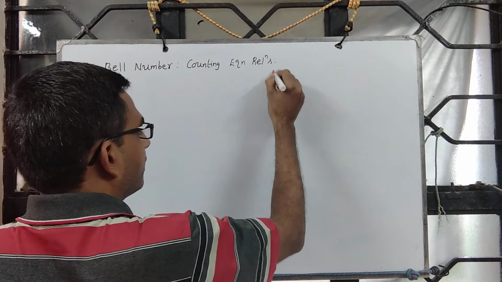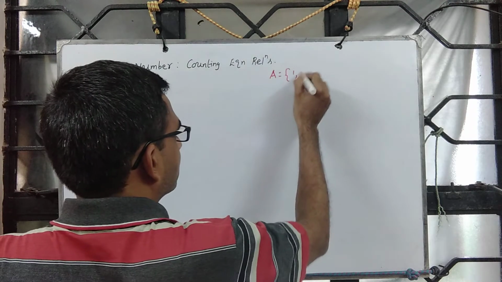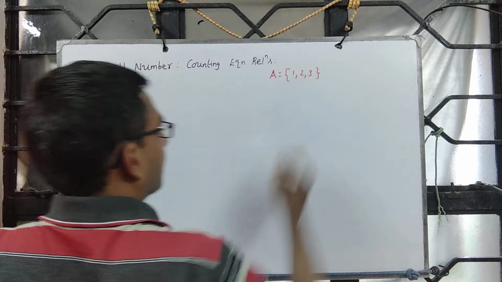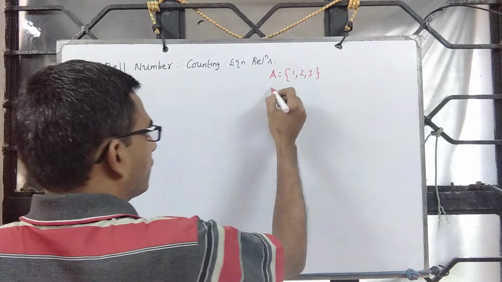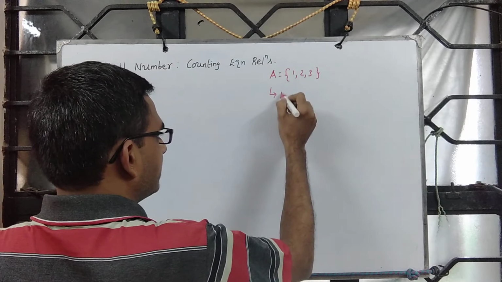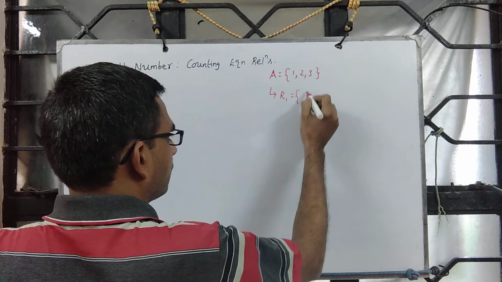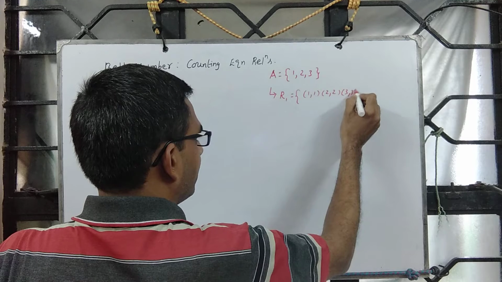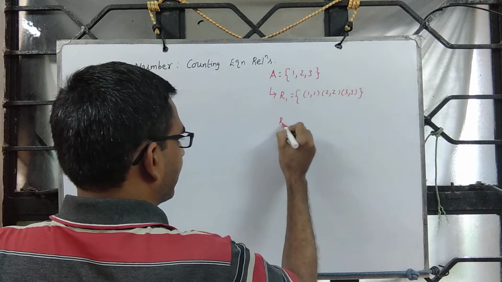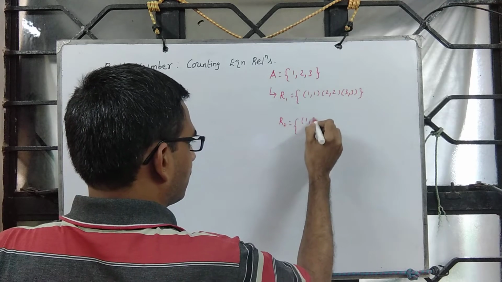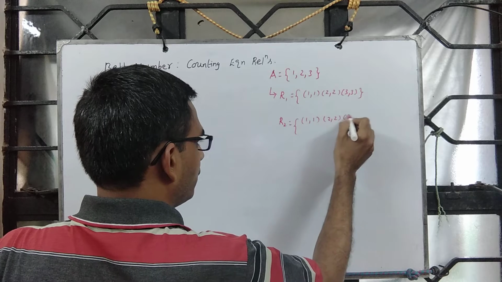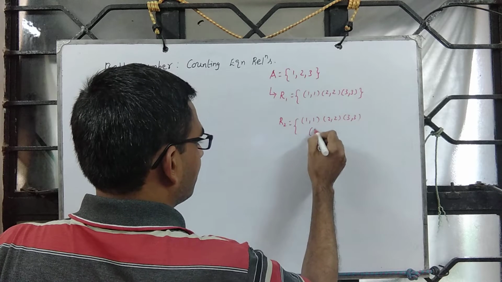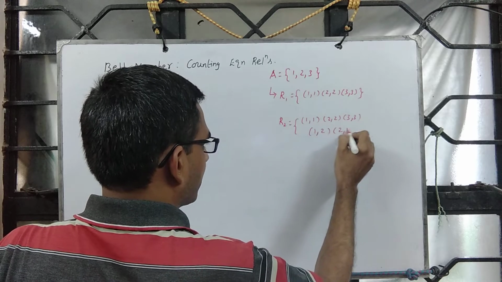For example, if A is say {1, 2, 3} and we are interested in counting the number of different equivalence relations, one relation is (1,1), (2,2), (3,3), and a second relation, along with (1,1), (2,2), (3,3), we may have say (1,2), (2,1).